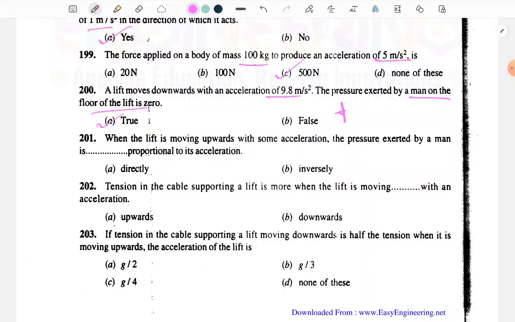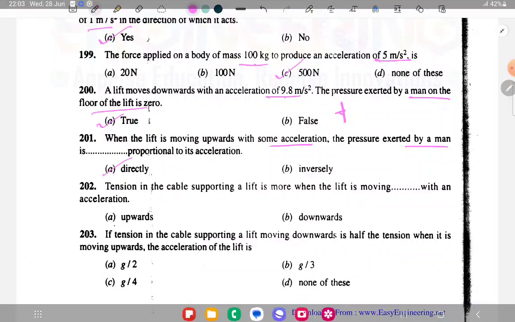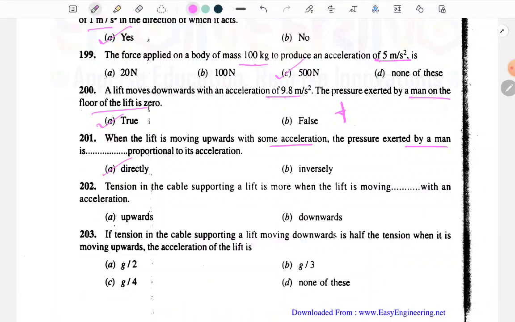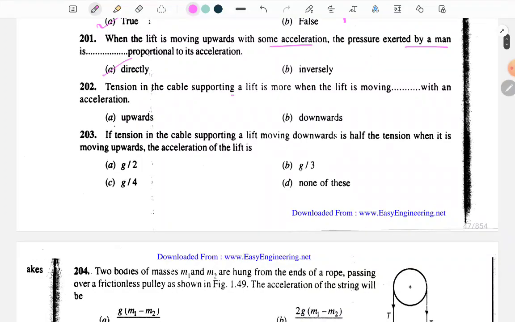When the lift is moving upwards with some acceleration, the pressure exerted by the man is directly proportional to the acceleration. Next, tension in a cable supporting a lift is more when the lift is moving with an upward acceleration, like when you take water from the well.